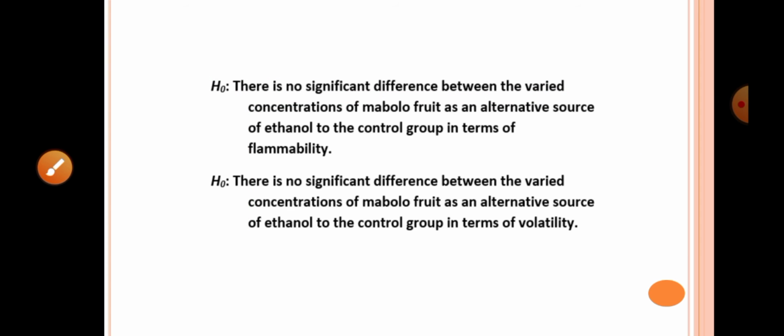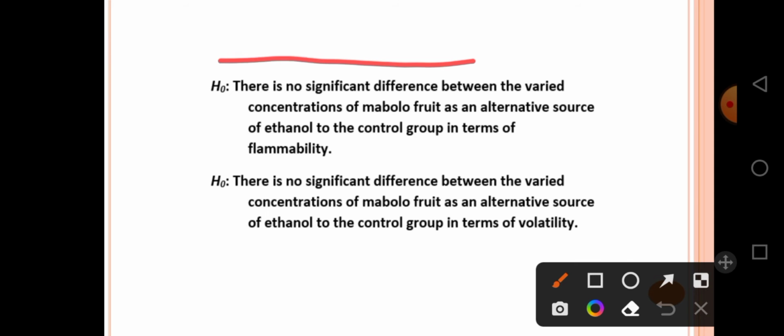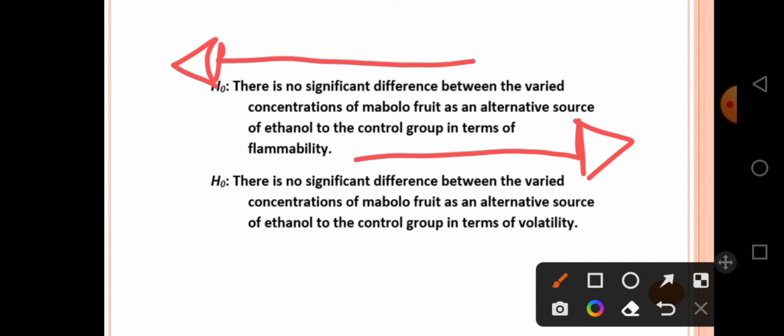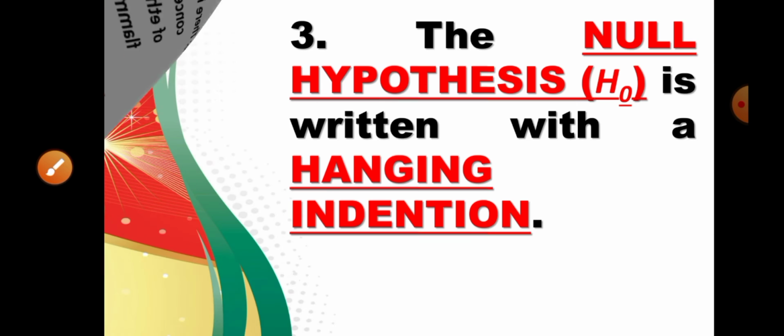This kind of indentation, where the first line is flushed to the left and the second and succeeding lines are flushed to the right, is known as the hanging indentation. Therefore, class, we write the null hypothesis using a hanging indentation.